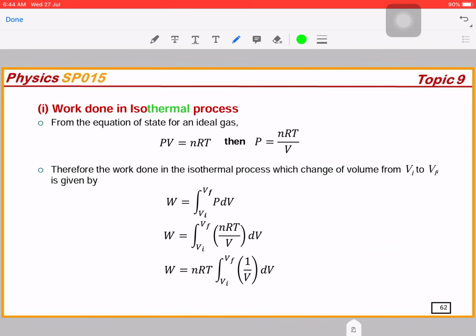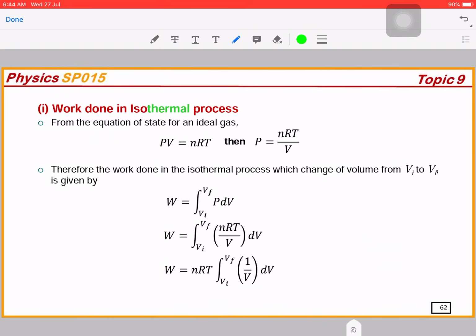So work done in isothermal process: from the equation of state for an ideal gas, PV is equal to nRT, then P is equal to nRT over V. Therefore, the work done in isothermal process with change of volume from VI to V final is given by, okay, W is integration from VI to VF of P dV.